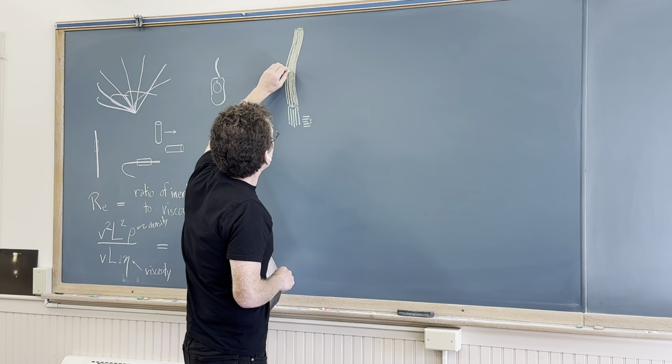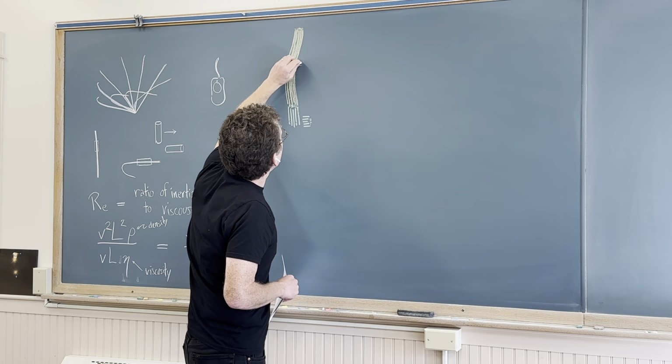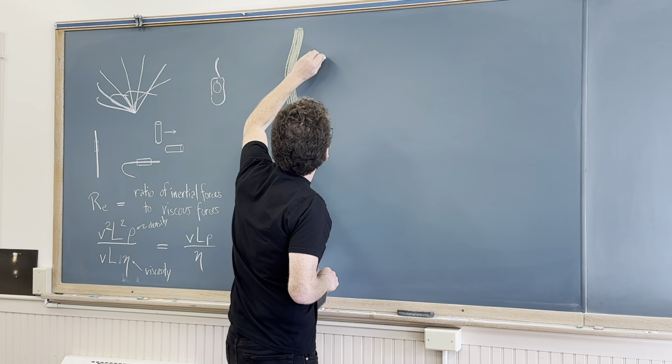We'll look at what's inside this thing called the axoneme, the skeleton of the cilium, in a moment.